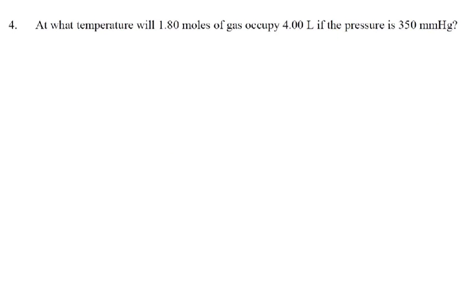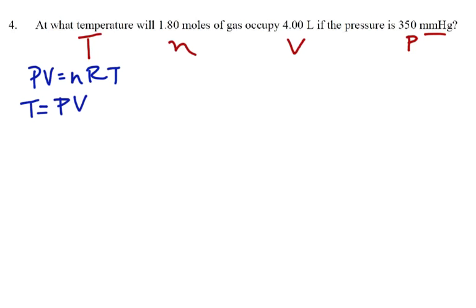Problem 3. At what temperature, so this time we're looking for a temperature, will 1.80 moles occupy 4 liters at a pressure of 350 millimeters of mercury. So again, because we're given 350 millimeters of mercury, we're going to use 62.4 as our value. Okay, PV equals nRT. We're looking for temperature, so temperature is equal to PV over nR. Pressure, 350 millimeters of mercury.